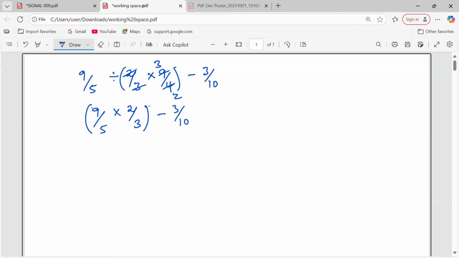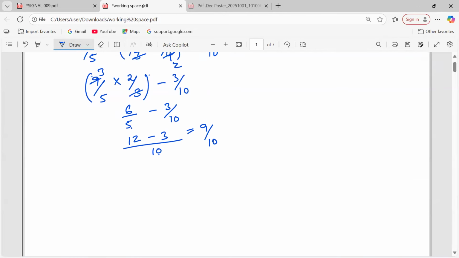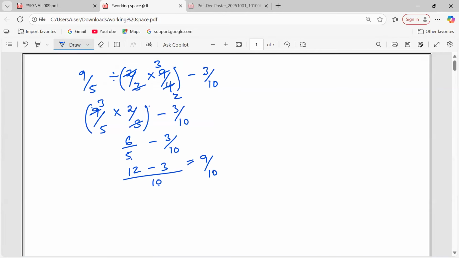So this takes us to 6 over 5 minus 3 over 10. You see that? So now we can work with an LCM of 10. 10 divided by 5, we get 2 times 6, that takes us to 12, minus 10 divided by 10, we get 1 times 3. So this is 9 out of 10. So from the numerator, I'm having 9 over 10.